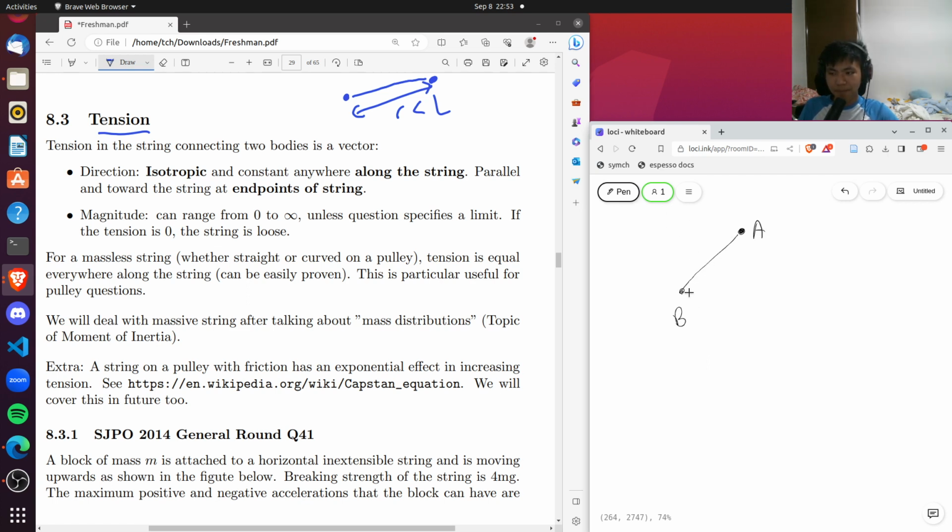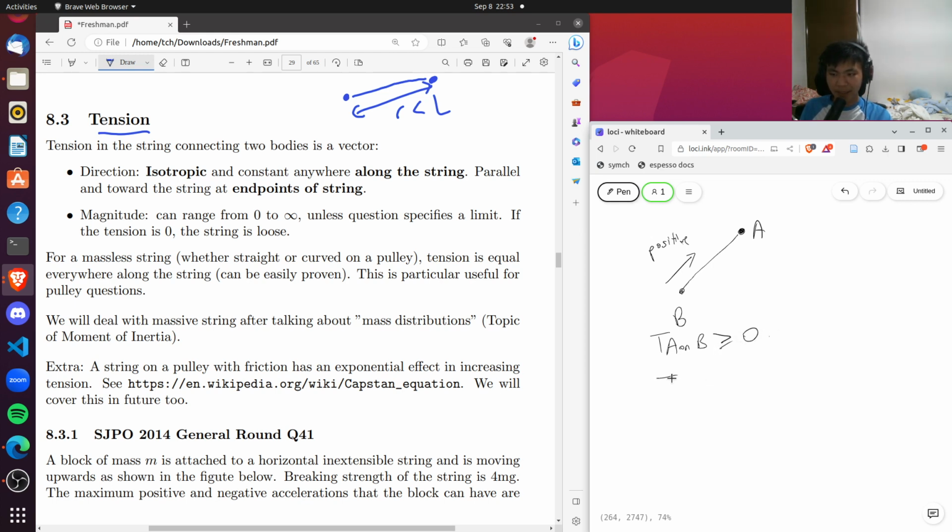That means that if I consider this direction for the tension force of A on B to be positive, then tension of A on B must be greater than or equal to 0.